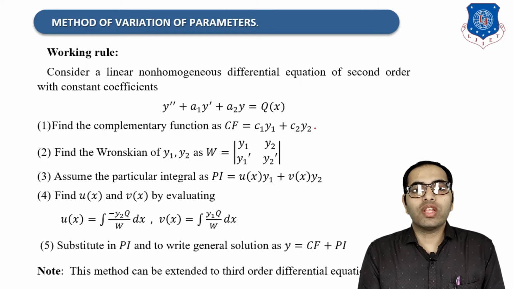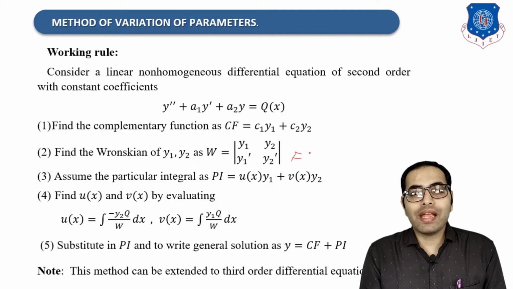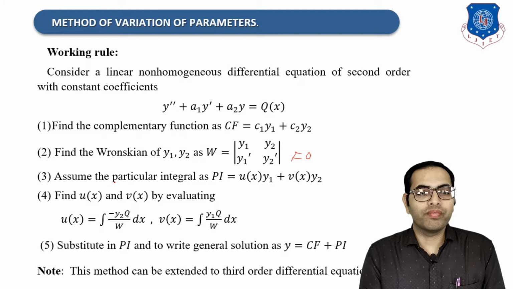Now, according to y1 and y2, which are functions of x, we find the Wronskian of y1 and y2. W(y1, y2) is equal to the determinant with rows y1, y2 and y1', y2'. This determinant must be not equal to 0.